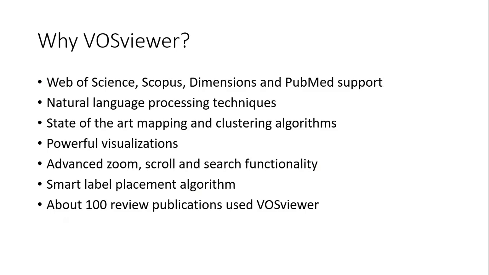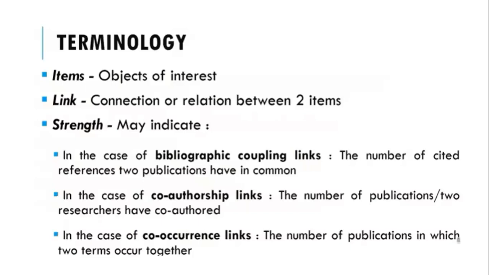There are also powerful visualizations in VOSviewer. Zoom, scroll, and search functionalities are really advanced, there are smart label placement algorithms, and there are more than 100 review publications that have used VOSviewer.